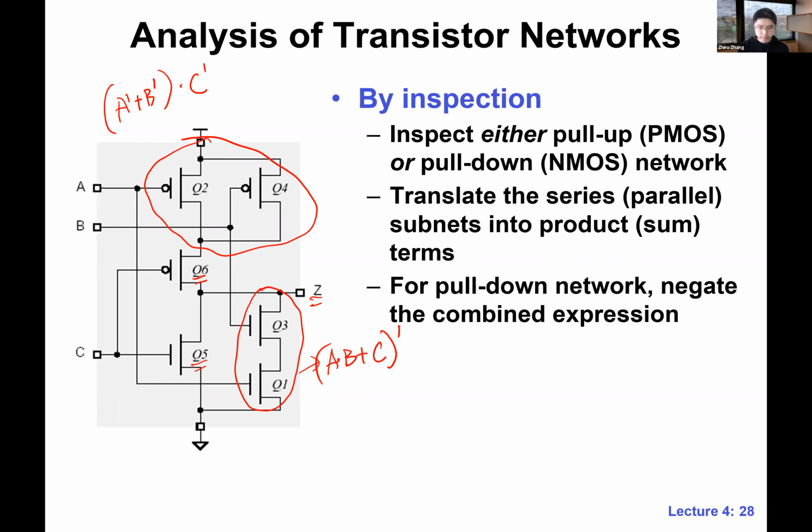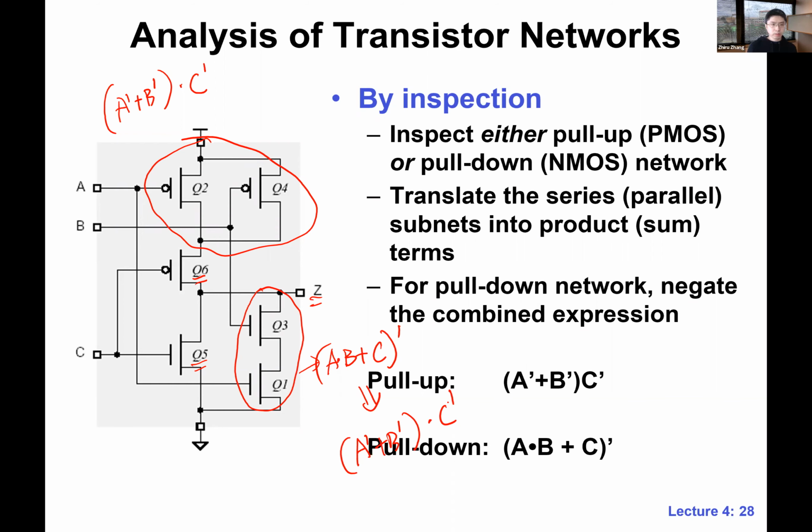So the PMOS network is the same. If you do De Morgan, these two are the same. Okay, that's how we analyze, right? And we just talked about these two expressions. Any questions?